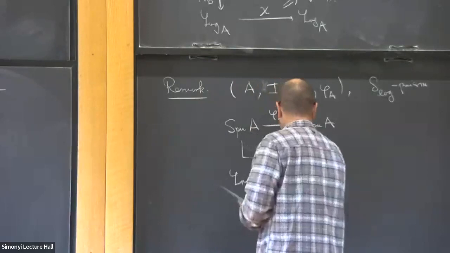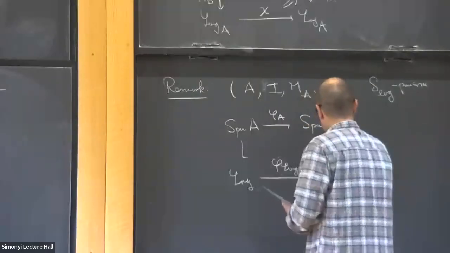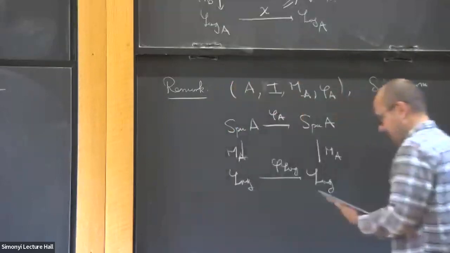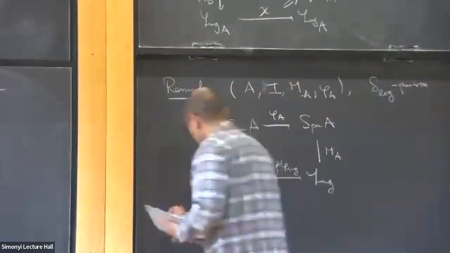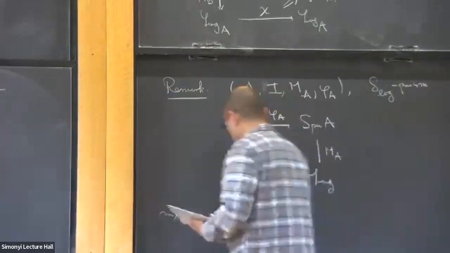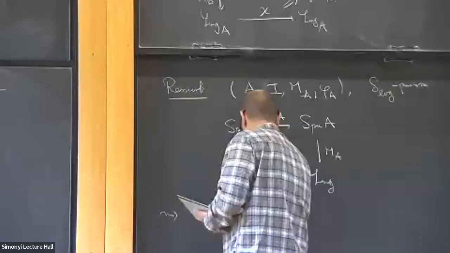This is the original. In this situation, you can relativize the construction of this map chi to also get a map here.